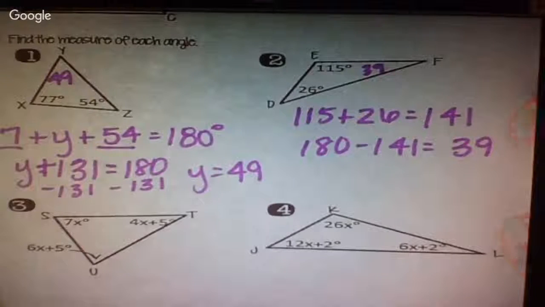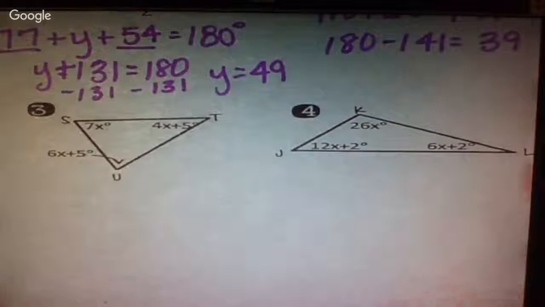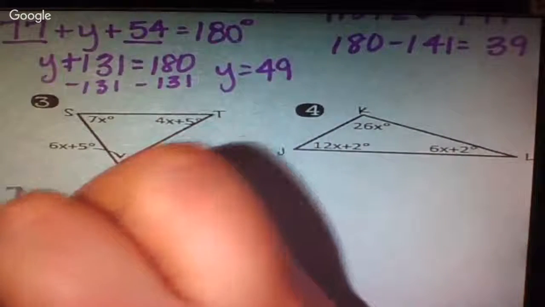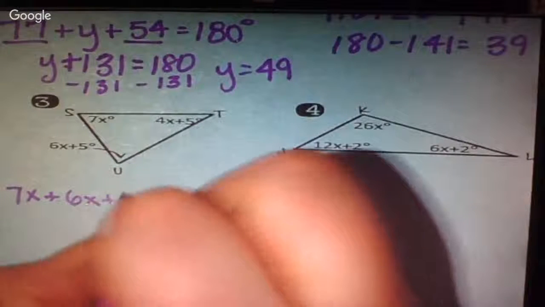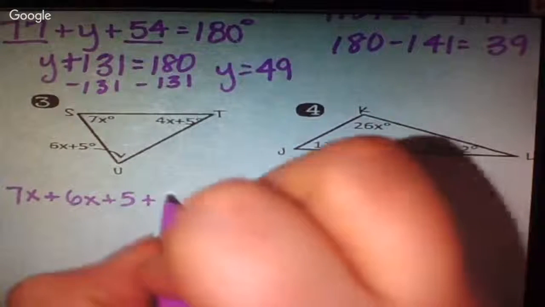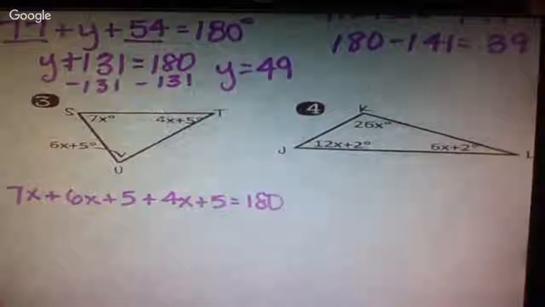Okay, it gets a little bit more complicated when I get to 3 and 4. Because now I'm throwing in X. You don't have just pretty little angles. So this one, you're probably going to want to set up more like number 1 than number 2. Okay, so all 3 angles added together. So that means 7x plus 6x plus 5 plus 4x plus 5 should equal 180.